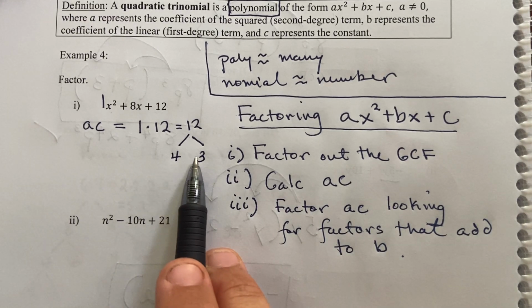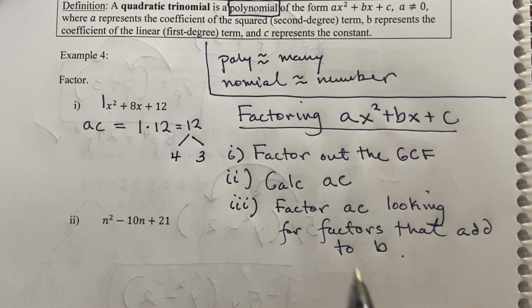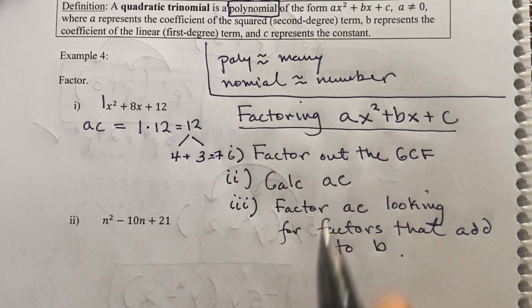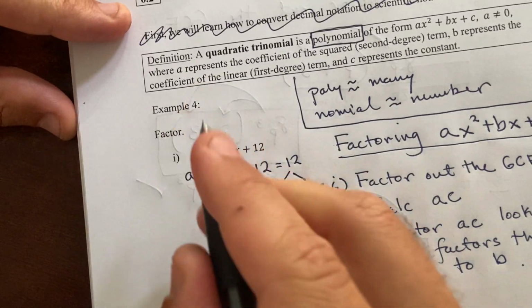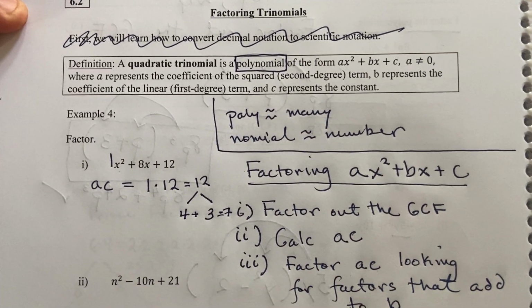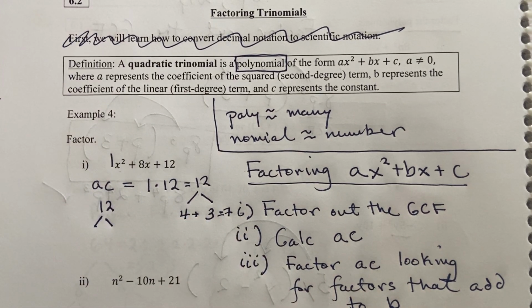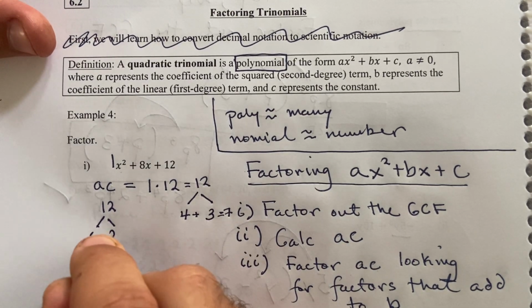But 4 plus 3 does not equal 8. Right? So if you add these, this equals 7, and that's not 8. So that means we need a different pair of factors. So I'll try that again. Oops, let me not move my page everywhere. So 12, factor it, look for other factors of 12, specifically factors that add up to 8. Yes, 6 and 2.